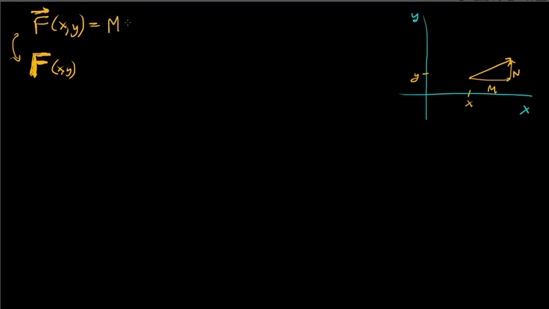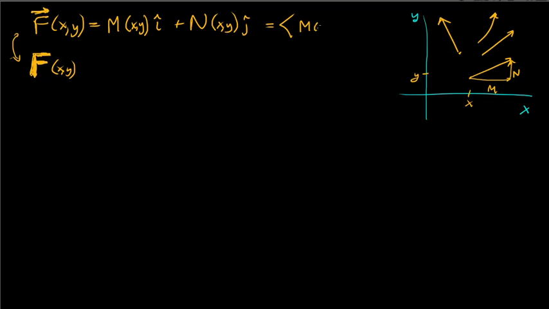So we're going to use M for the x component, and because it varies with position, a different x and y will give you a slightly different vector, or maybe a very different vector. So these M and N, of course, are functions of x and y in general. So that's the x component, and then the y component will be N. Or, again, if you prefer, you can use the usual bracket notation.